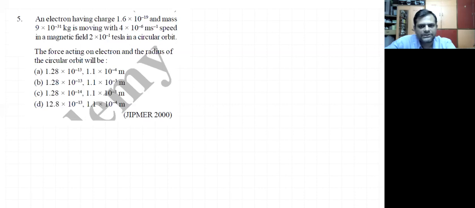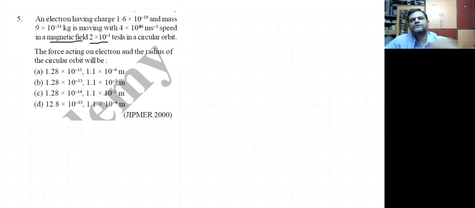I think the question is slightly wrong, the speed should be 10 raised to plus 6 actually. Okay, make it correct, plus 6, and in the magnetic field of 2 into 10 raised to minus 1 Tesla in a circular orbit, the force acting on the electron and the radius of the circular orbit will be.